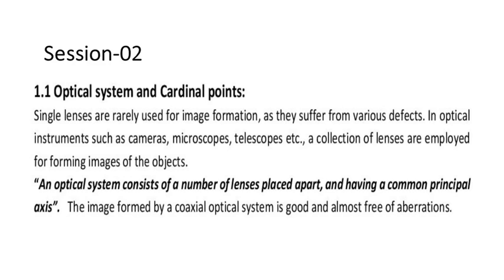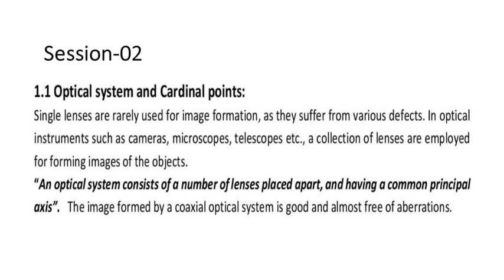Optical system and cardinal points. Single lenses are rarely used for image formation as they suffer from various defects inherent in them. In optical instruments such as cameras, microscopes, telescopes, etc., a collection of lenses are employed for forming images of the objects.